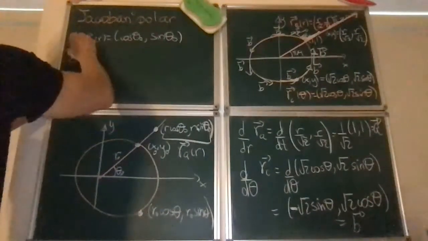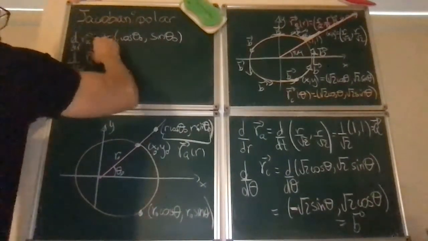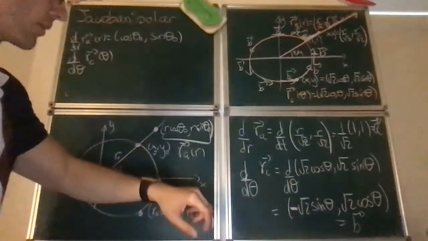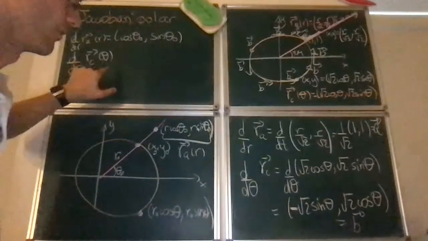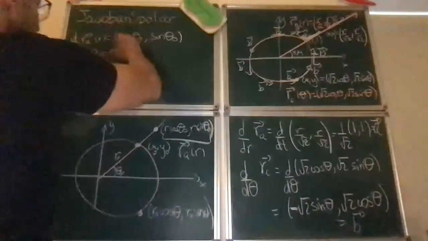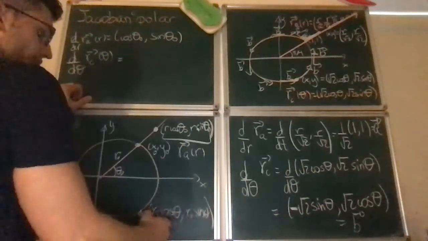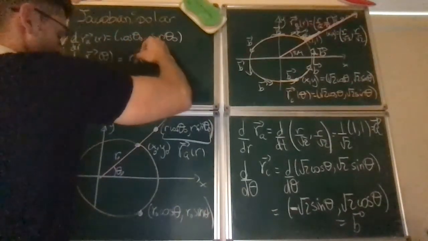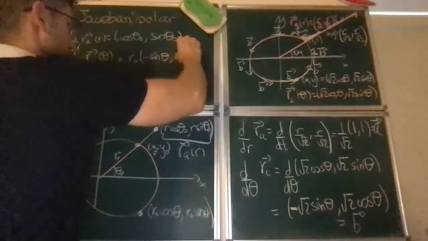And the derivative with respect to theta of r sub c of theta, you're just differentiating the trigonometric function, so r naught is constant, so you can pull it out if you want. So you get r naught times minus sine of theta, cosine of theta.